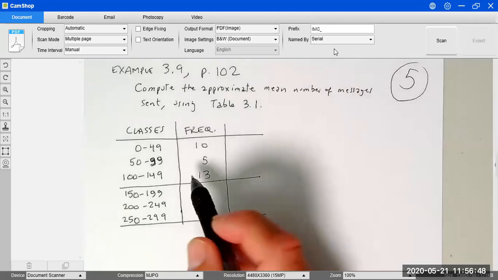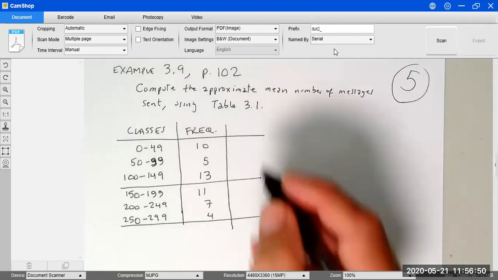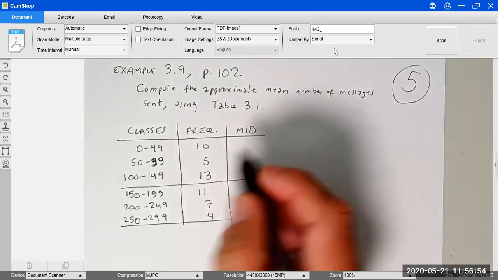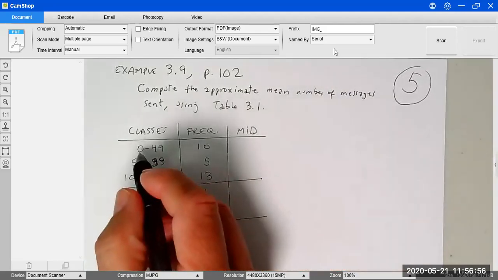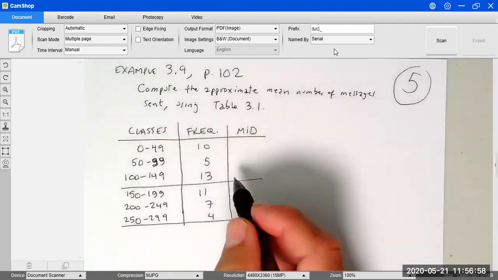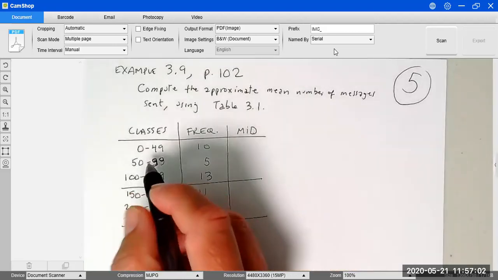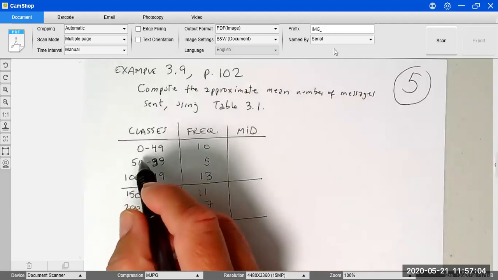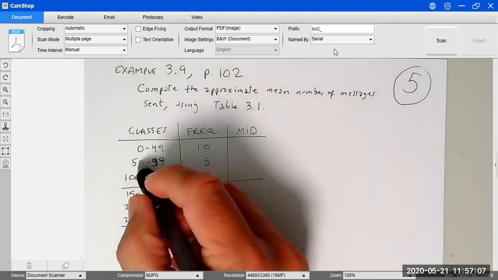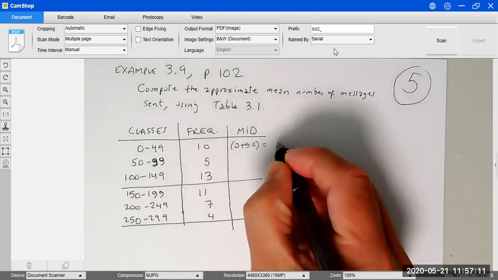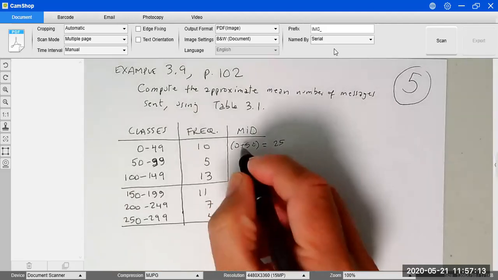Okay, I have my frequency distribution here, what is given. So I'm going to compute the midpoints. To compute the midpoints, you just add up two consecutive lower limits from every class. The first one is 0 plus 50 divided by 2, which is 25.